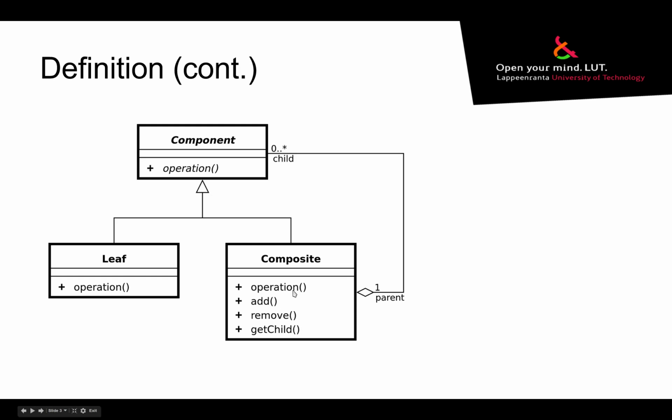So we have implementation for the existing operation method, but also we have multiple other methods we are adding. So we are inheriting the component class, but the composite class also consists of these said components. So we have a collection of components that can run all these same methods.